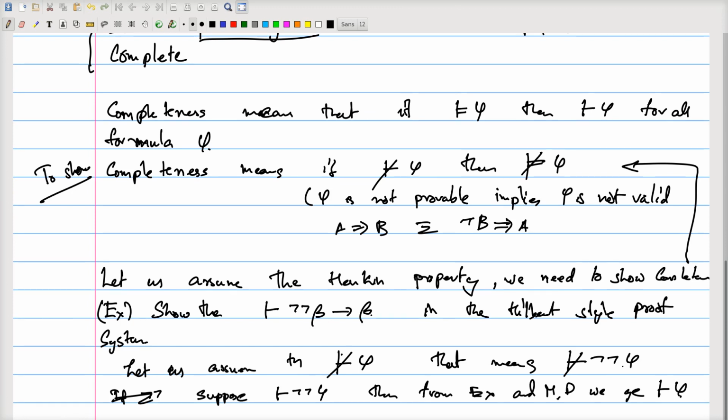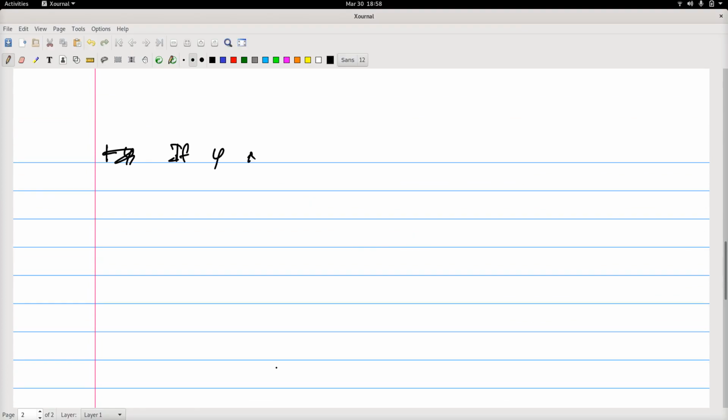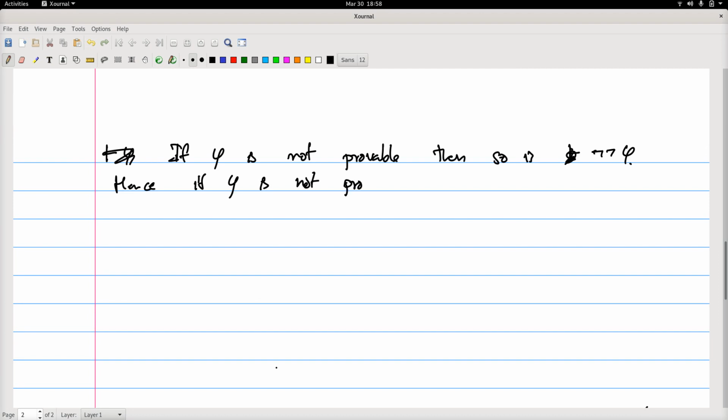Okay, so what does this show for us? Hence, if phi is not provable, then not phi is consistent.